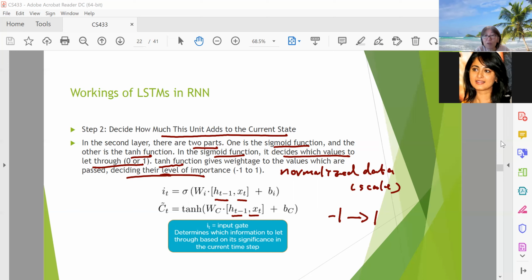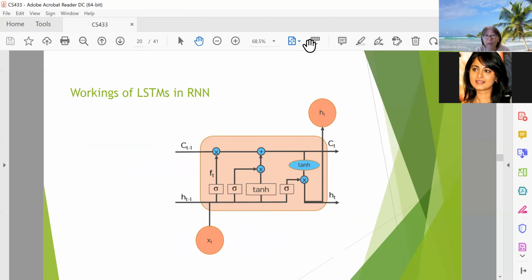If we go back here, this sigmoid will take x_t and also h_t minus 1, so the short-term memory and the input. It will determine whether it's going to be remembered or not.